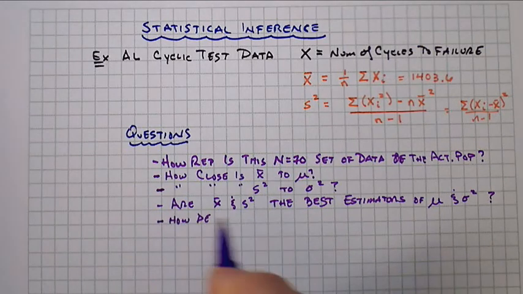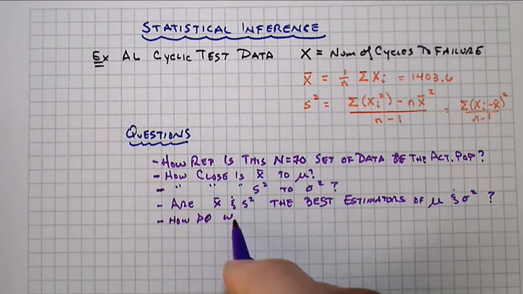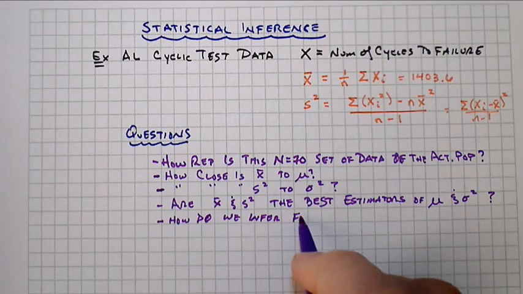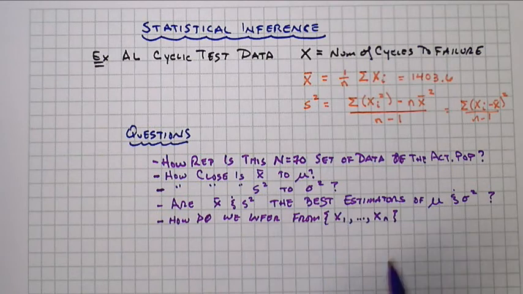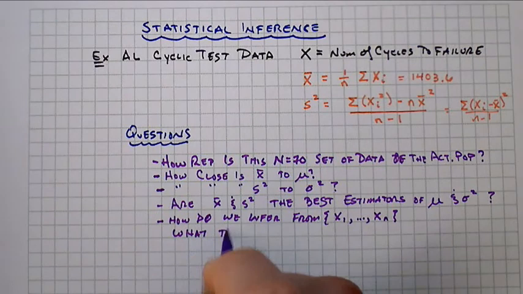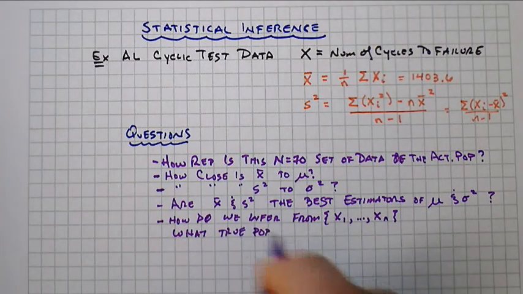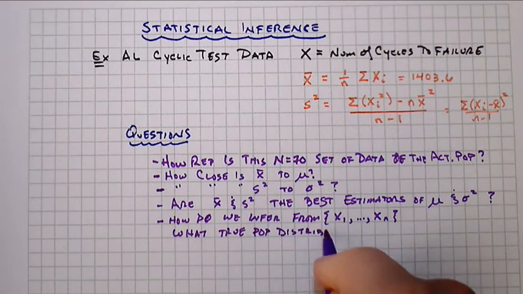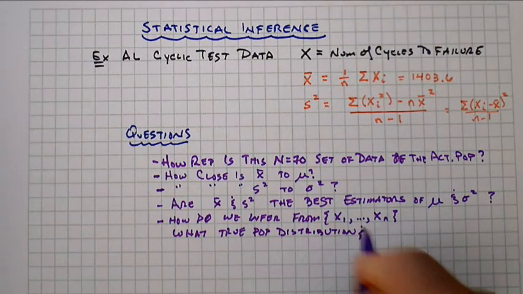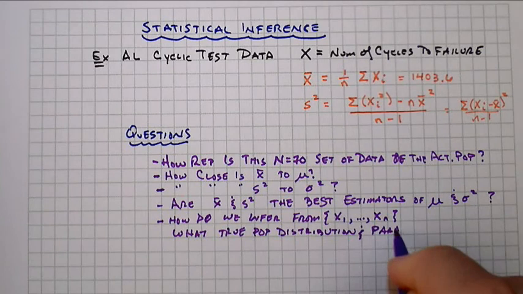And then the bigger question is, how do we infer from this data set, the x1 up to the xn, what the true population distribution and its associated parameters are?